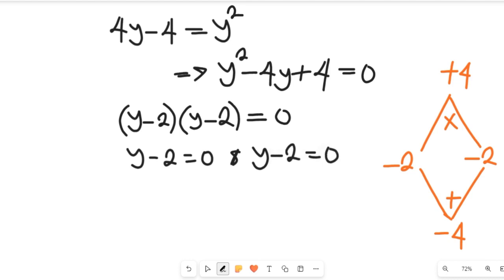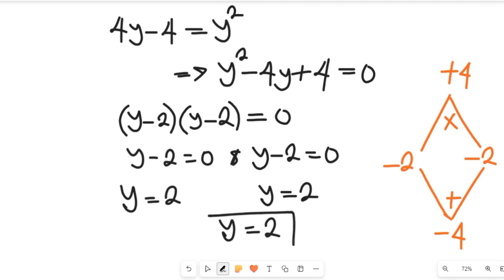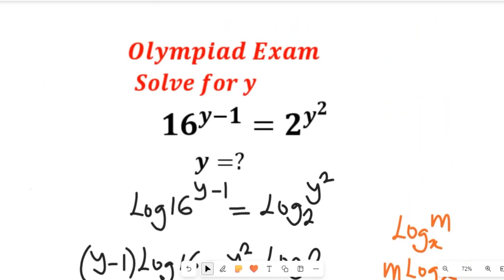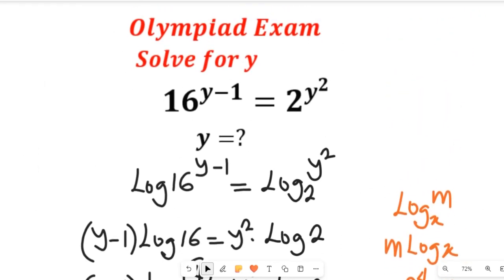If we add 2 to both sides, we'll have our y to be equal to 2. So the value of y equal to 2 is the solution that satisfies that exponential equation. Now we're going to use the next method, which is going to be using the law of indices.